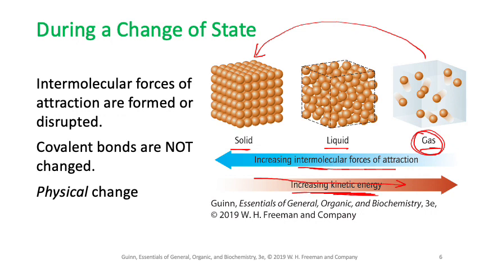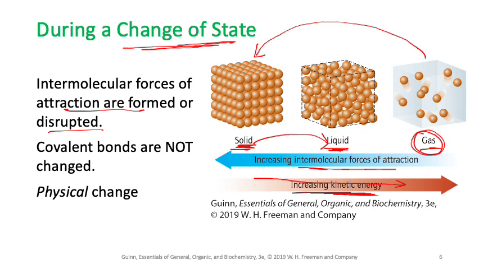So intermolecular forces, we can say, are formed or disrupted during the phase change, or the change of state. If I want to convert a solid into a liquid, I need to disturb the intermolecular forces present within the solid, so that the atoms don't get the same kind of force of attraction like we have in the solid.